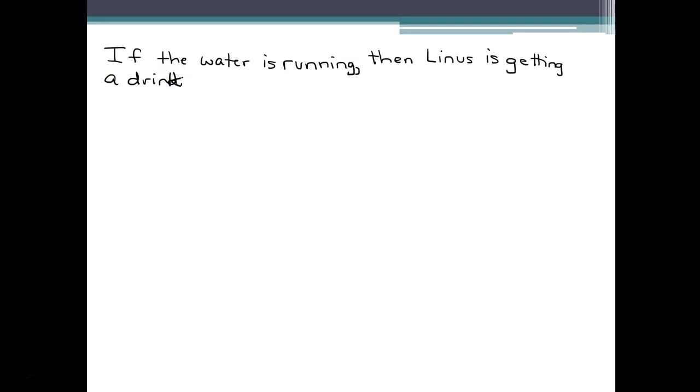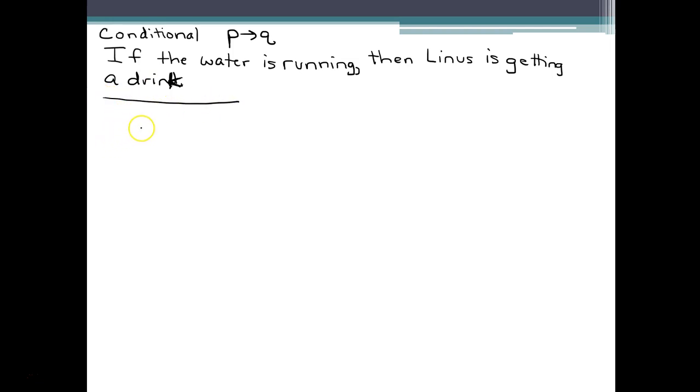Okay, this is the original conditional statement. If P, then Q. And the exercise wants us to write the converse, inverse, and contrapositive of this statement in sentence form.